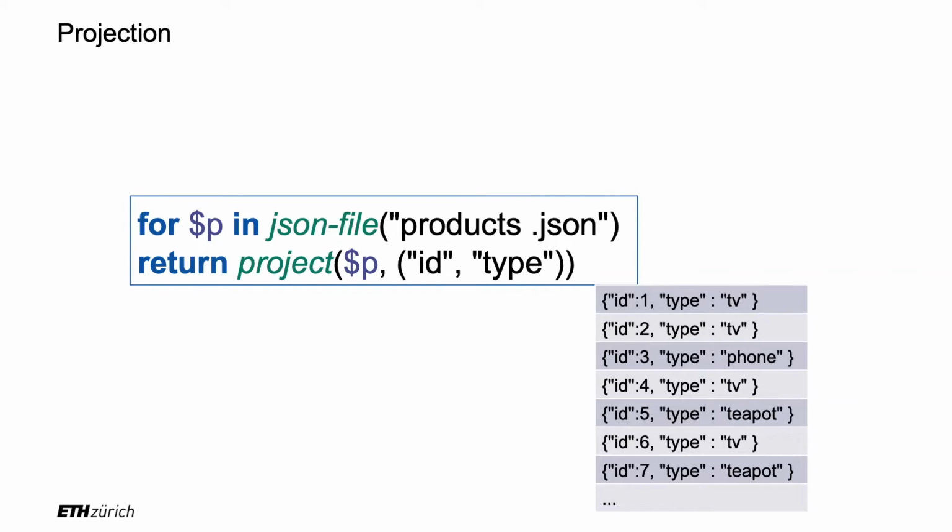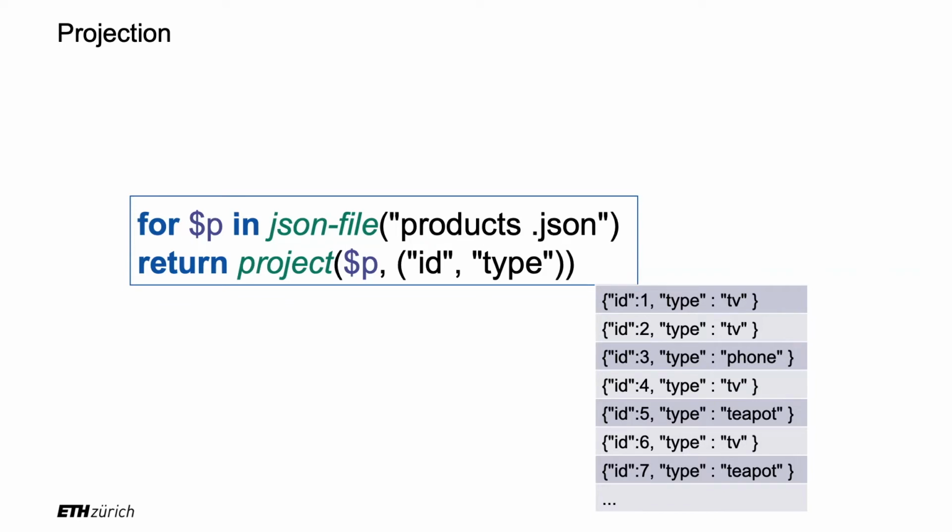Here with the for loop, it's like the select from where. So the from is the for. For every product, we project $P to ID and type. The second parameter of project is a sequence of strings, which are all the keys that you want to keep. In SQL, it would be select ID, type from products.json. That's basically what it would mean in SQL.